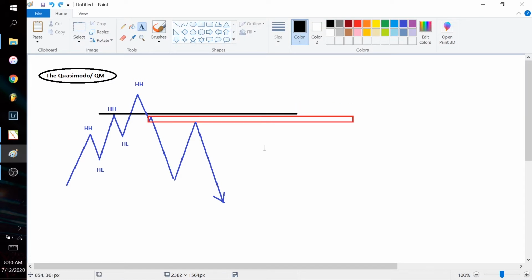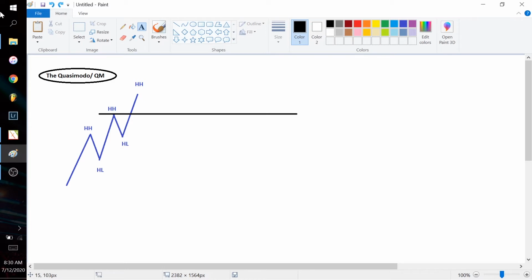So now there are two types of QMs that you're going to look out for. The first will be the quick retest QM, which I have drawn for you a couple of times now. So expecting the supply zone to be here. Basically, price comes back and tests very quickly before dropping.